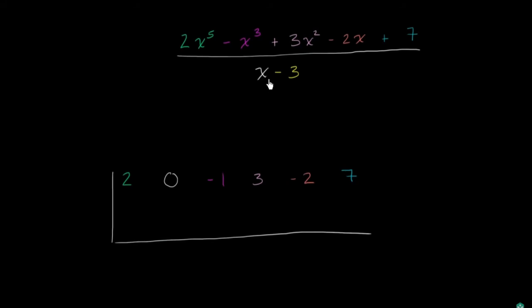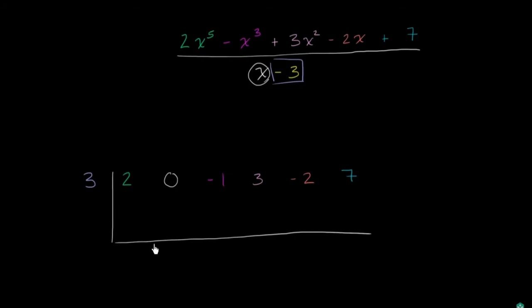This only works when we have x plus or minus something. In this case, we have x minus 3. So we have this negative 3, and the process we showed, there's other ways of doing it, is you take the negative of this. So the negative of negative 3 is positive 3. And now we're ready to perform our synthetic division.